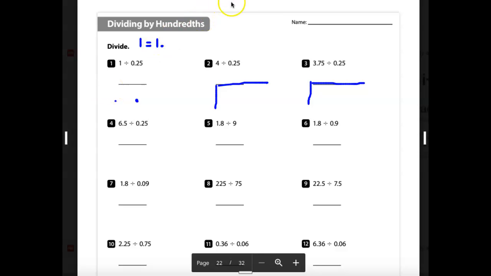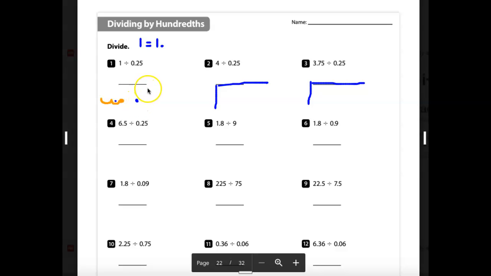So what we're going to do here is move that decimal point to the end to make it a whole number. So now, instead of the decimal 0.25, we have the whole number 25, okay? The rule says that whatever we do to the divisor, we have to do here.